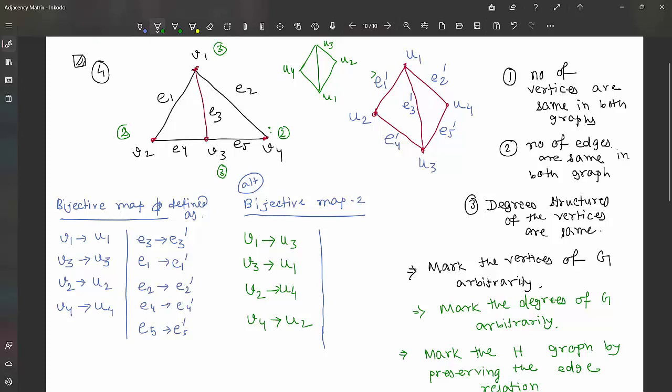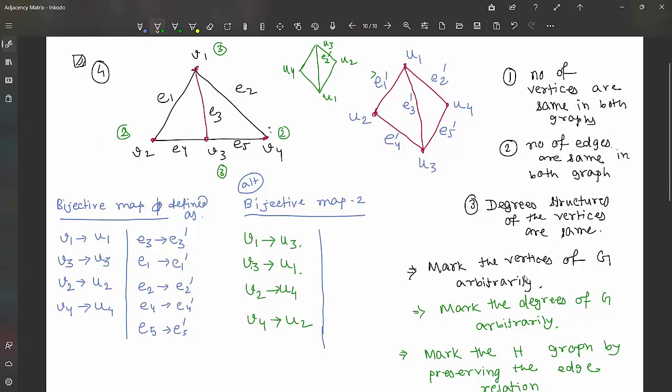Now if you take this as E2 prime again, the relation between them is, suppose, V1 V2 gives U1. And V1 goes to U3 and V3 goes to U1.